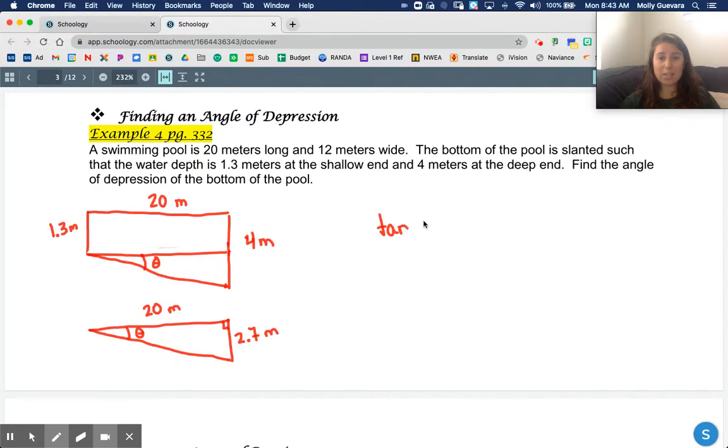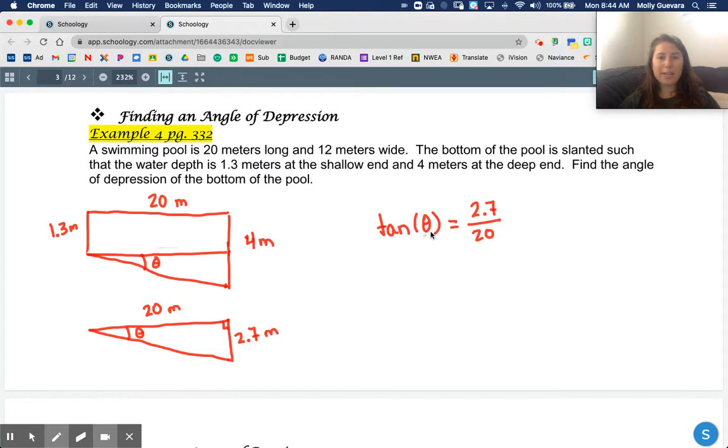So tangent of my angle theta is equal to opposite over adjacent. Again, you want to make sure that you are in degrees here, okay? Because if you start entering tangent in with radians, you're going to get the wrong answer.